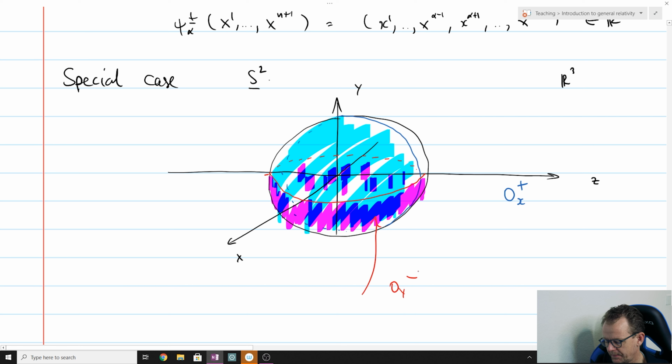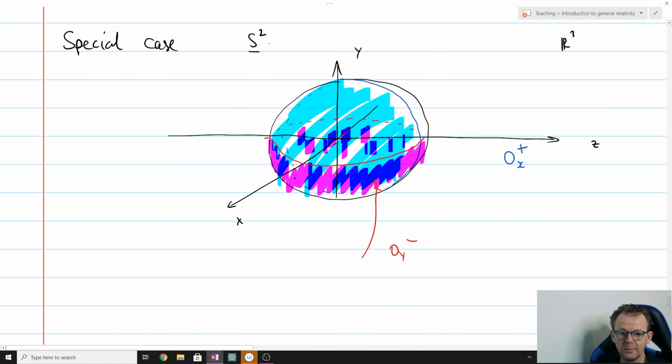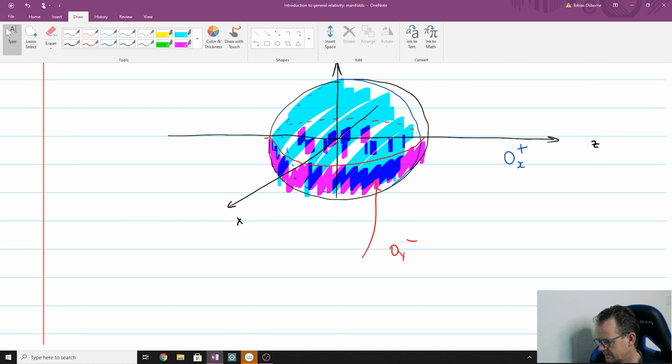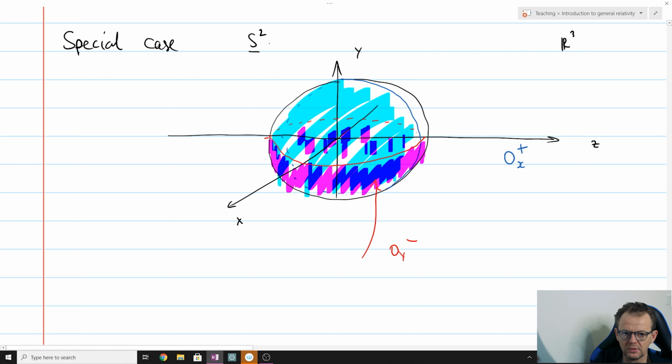So the intersection of OX plus and OY minus, which is relevant in a second, is like a quarter of the surface of the sphere here. And you can go through all the possibilities here. There are 6 possible coordinate charts that we specified S2 with respect to.